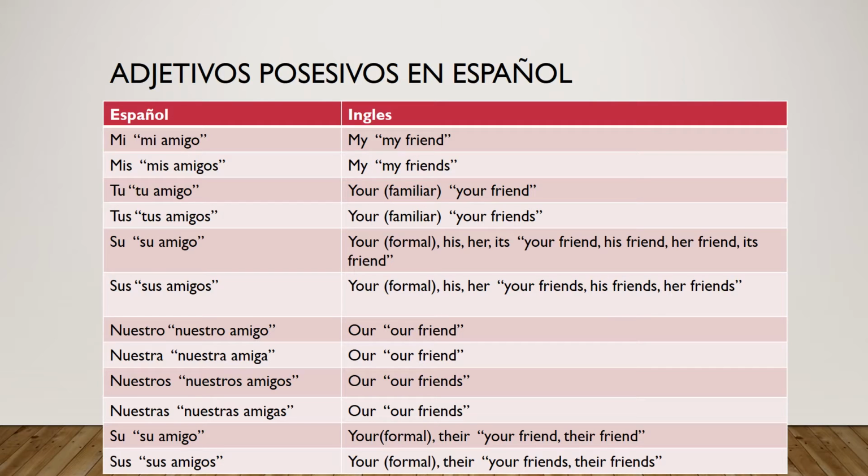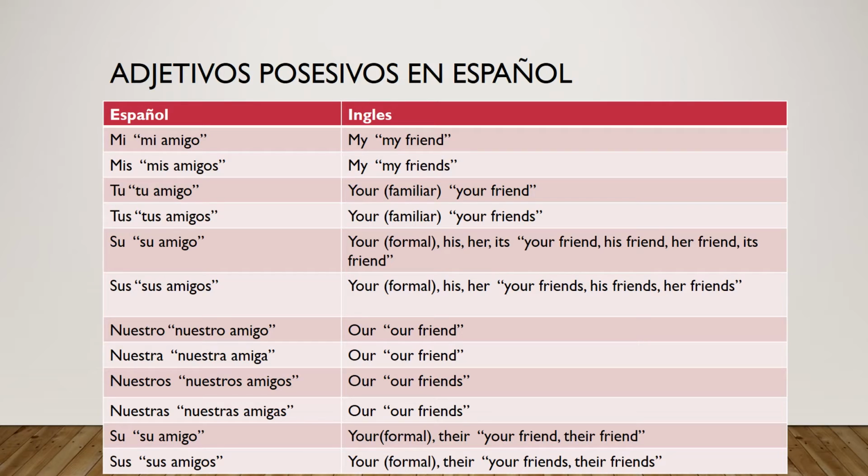Nuestro amigo means our friend if it is a male friend, singular. Nuestra amiga if it is our female friend. Nuestros amigos for our friends, plural. Nuestras amigas for our friends if it is a group of girlfriends.